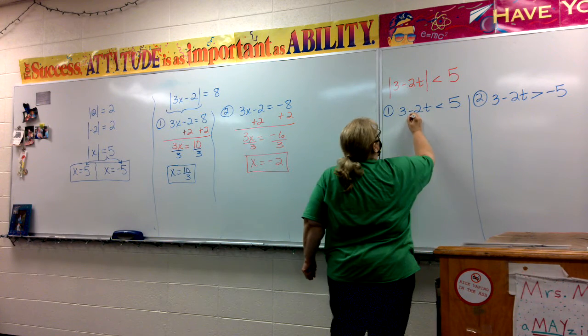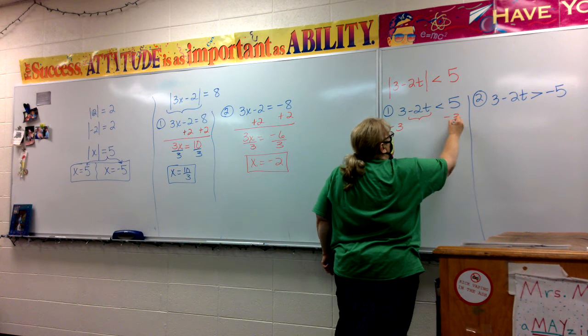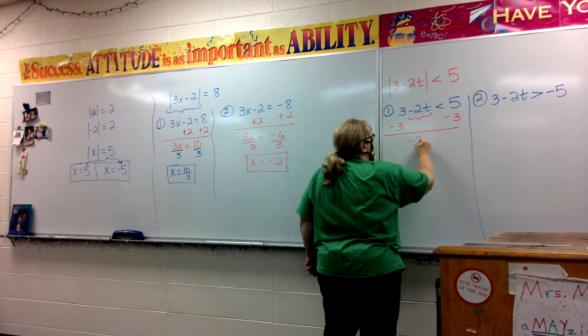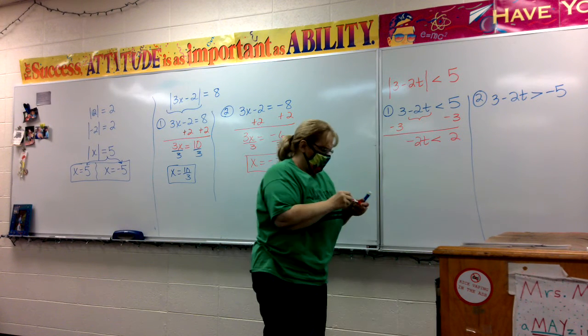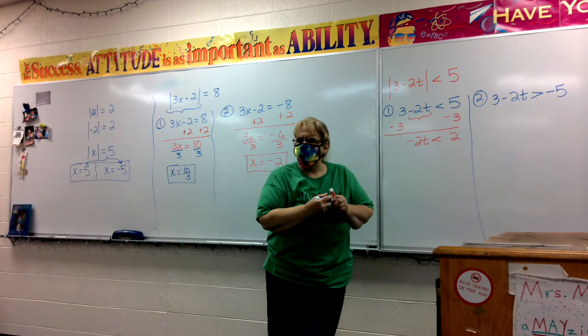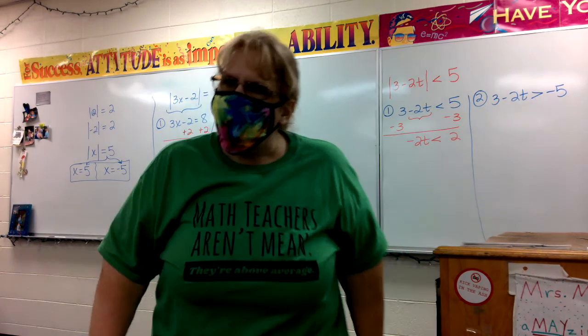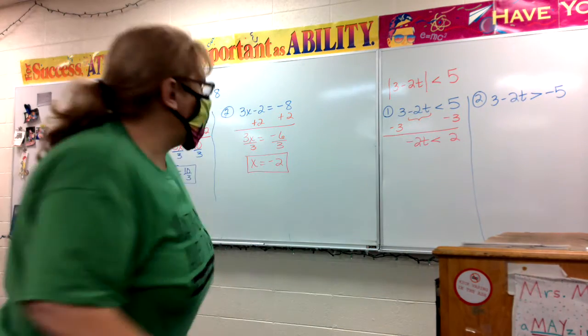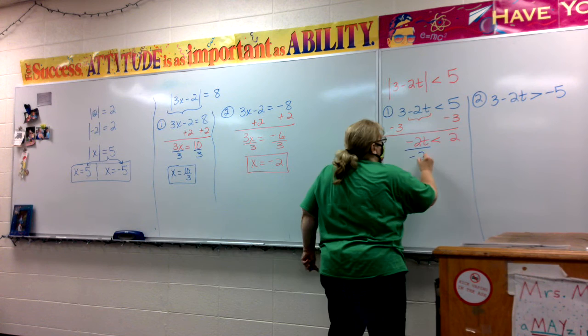I have all the t's together, so I have to get rid of the 3. What am I going to divide by? -2. You guys are on the ball more than first hour. They just woke up.